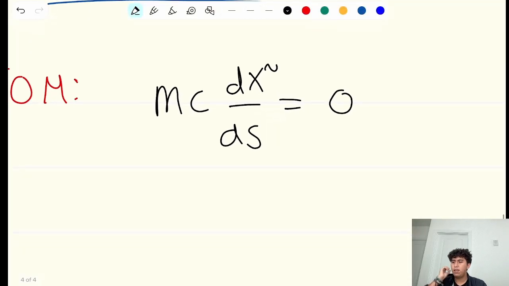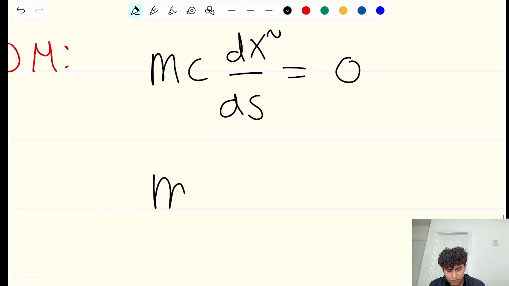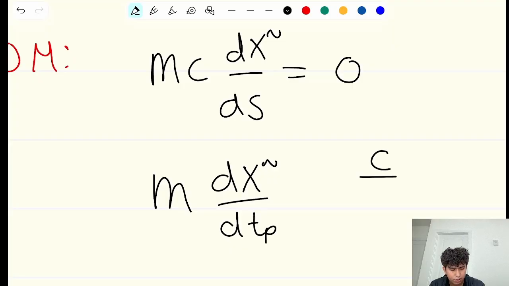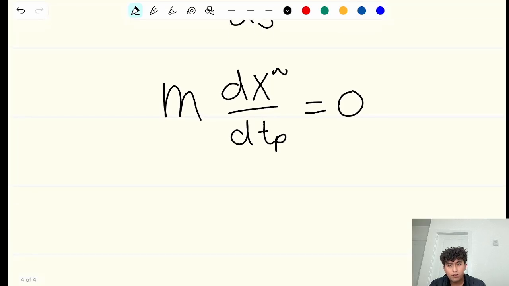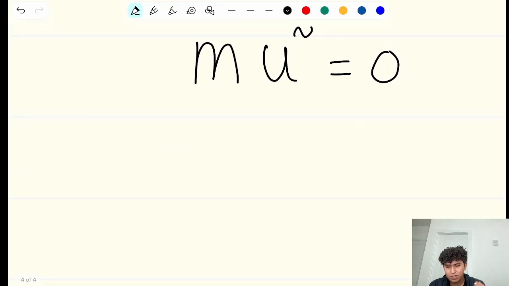Cool. And you can also rewrite this in the following way. If you remember, this is the definition of proper time, like c over ds can be written as proper time. And then the space-time coordinate derivative with respect to proper time is just the four-velocity that we defined.